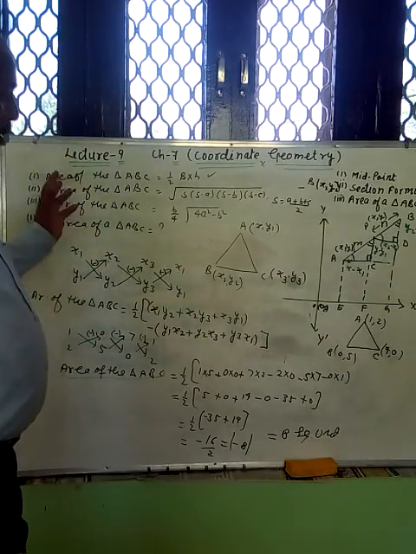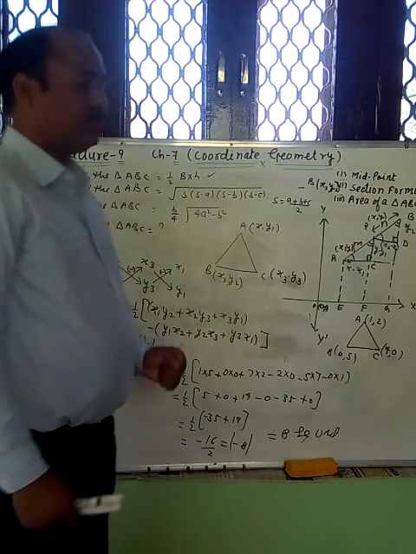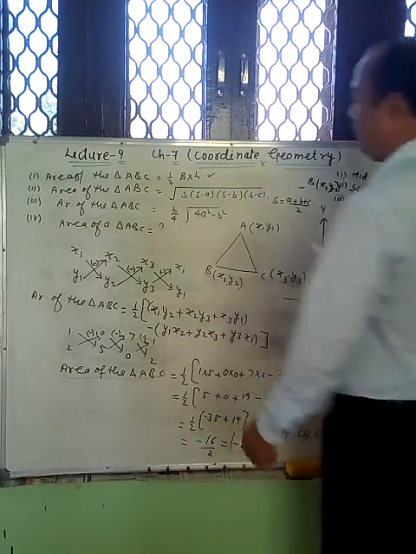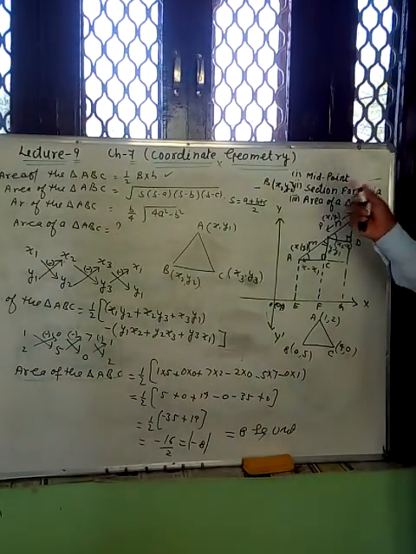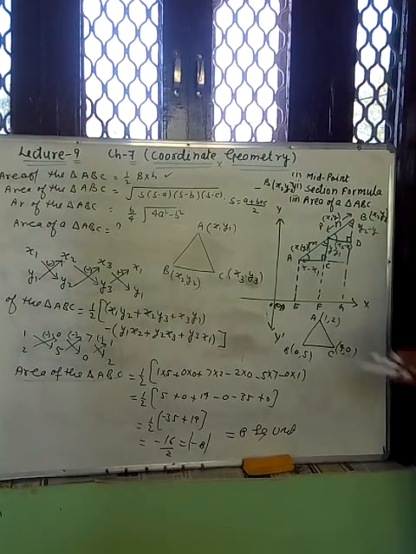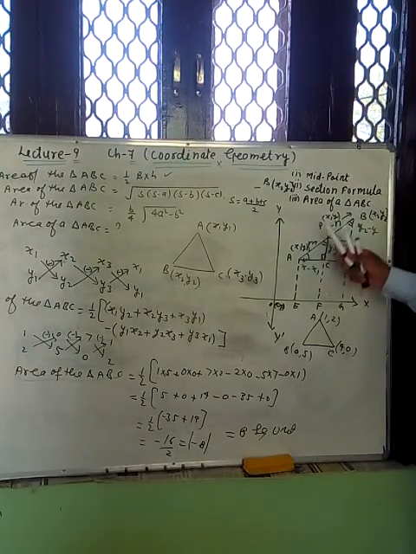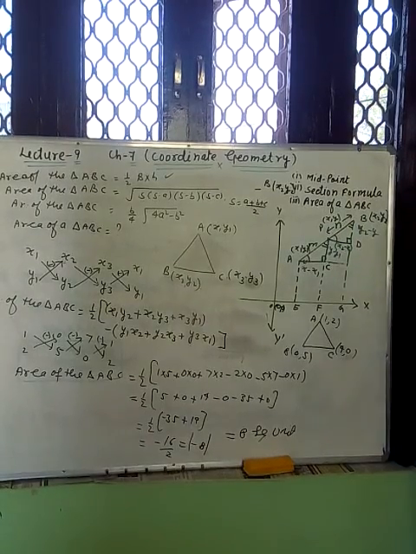I hope every student understands the 3 points we discussed today: the first is midpoint, the second is section formula, and the third is area of a triangle.